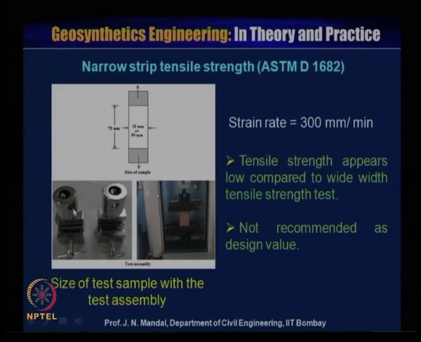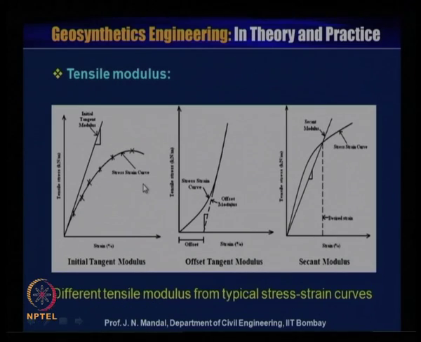You can see this is the size of the test sample with the test assembly, and you have to perform the test. The tensile strength appears low compared to the wide width tensile strength. So, this kind of test is not recommended. We always recommend the wide width tensile test for geosynthetic materials.